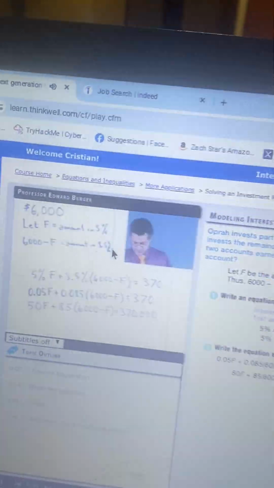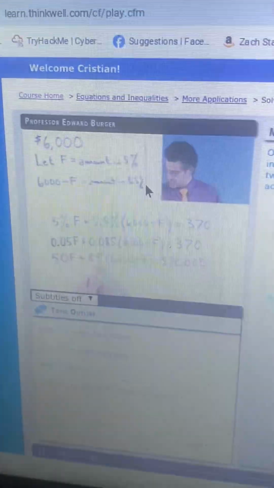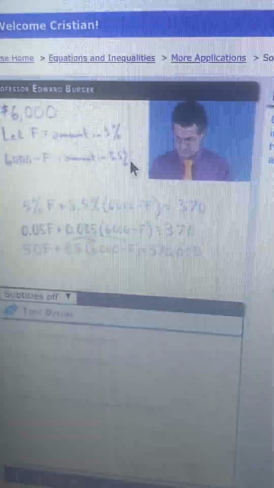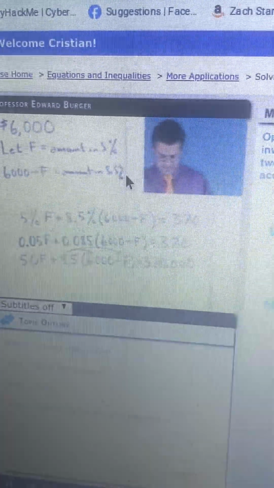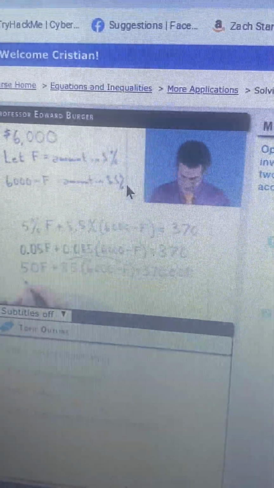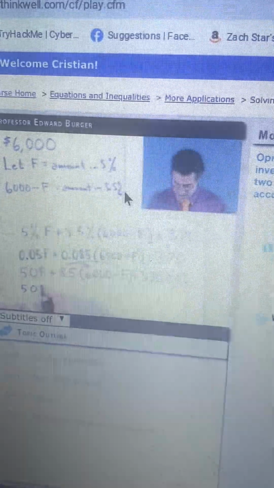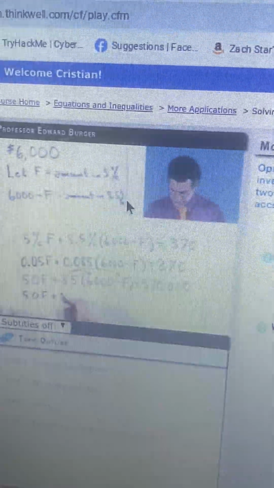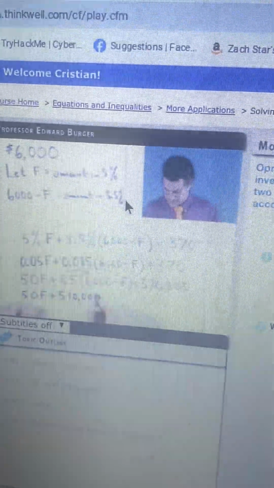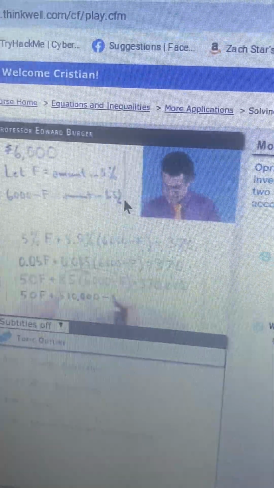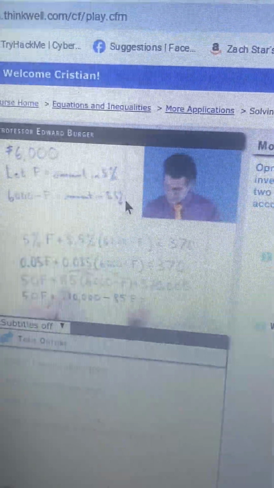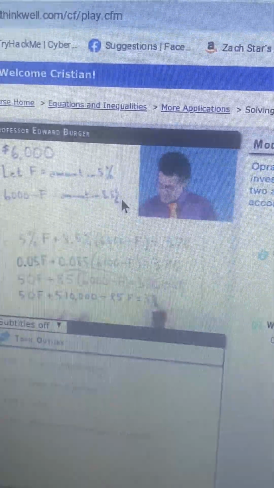The way that I would solve this would be to first distribute the 85 across these two terms. And if you do that, here's what you get. You get 50F plus 510,000, it's a big number. These are really big numbers, minus 85F, and that equals 370,000.